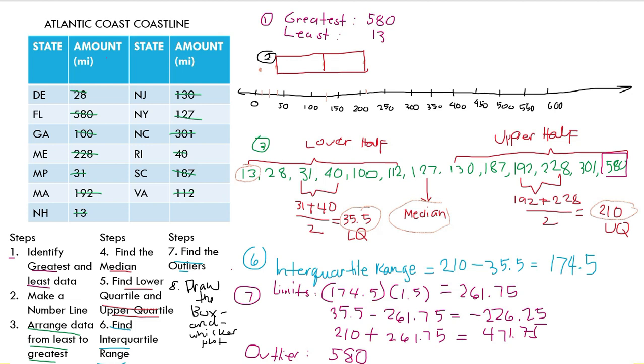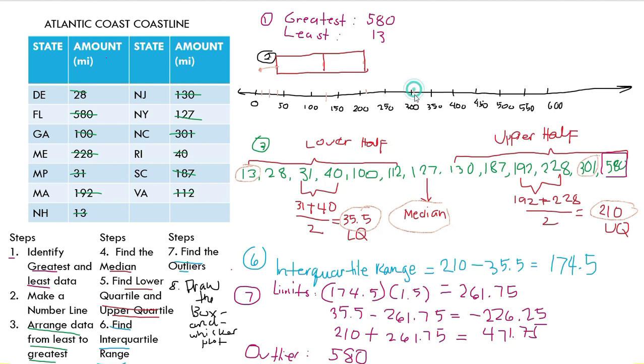Now about the whisker. We're not yet done. This is the lowest number, and it does not go beyond our limit. This is the first whisker. The next whisker to the right would be your greatest value that is not beyond your limit.